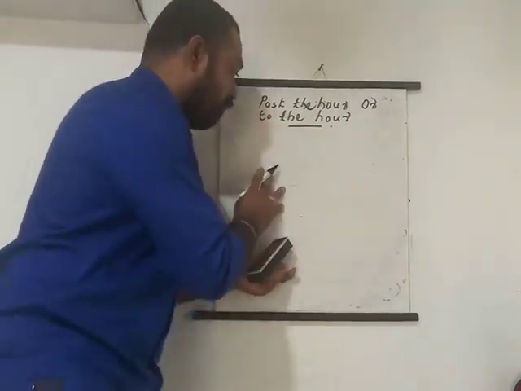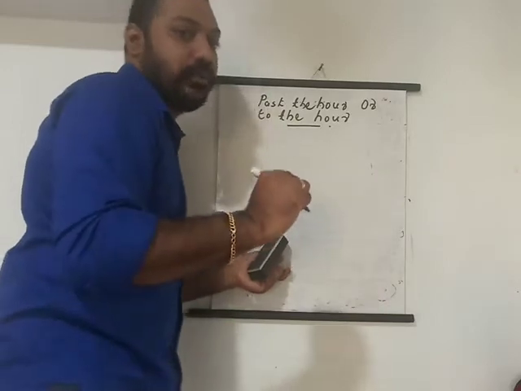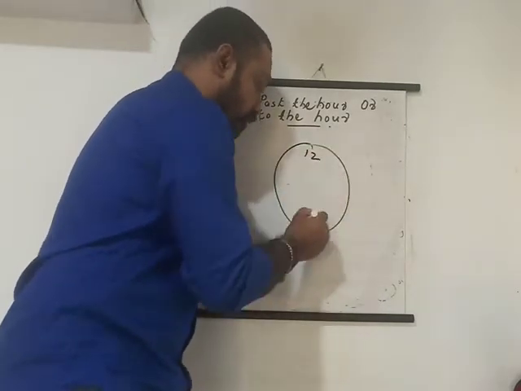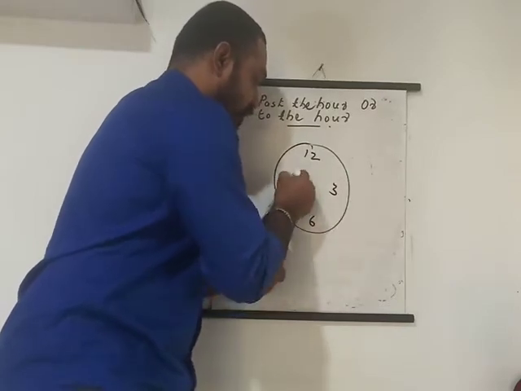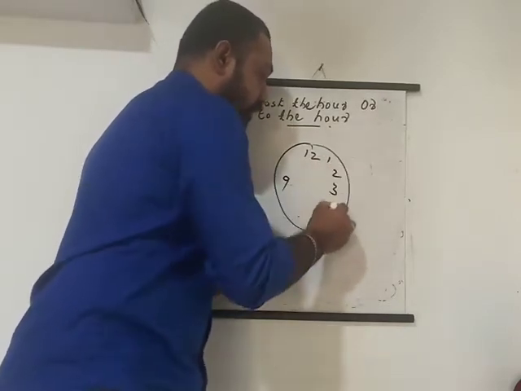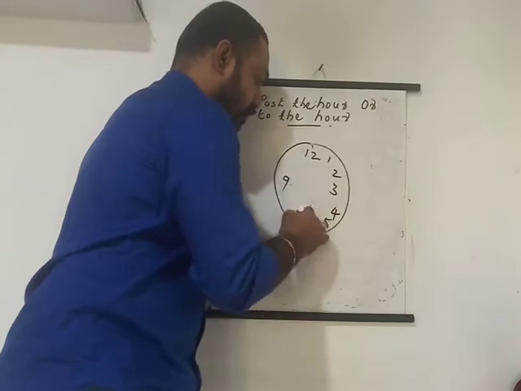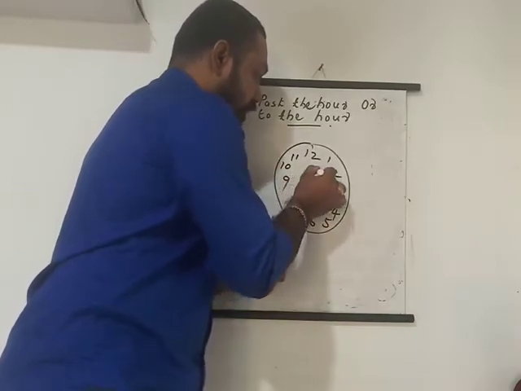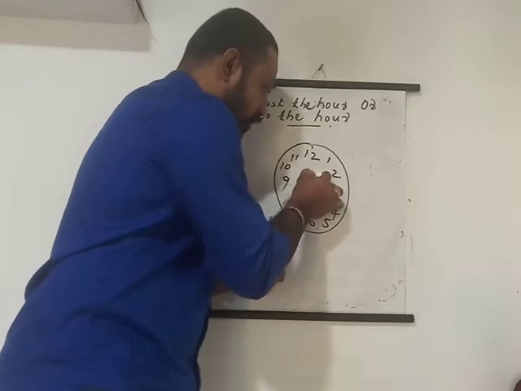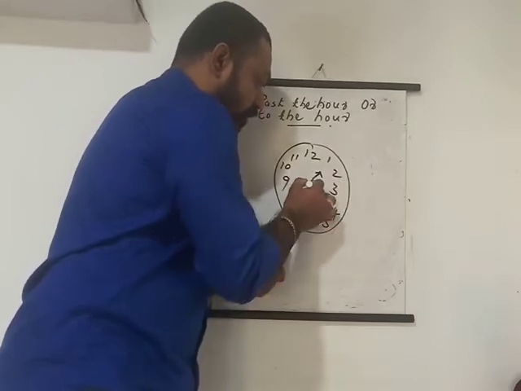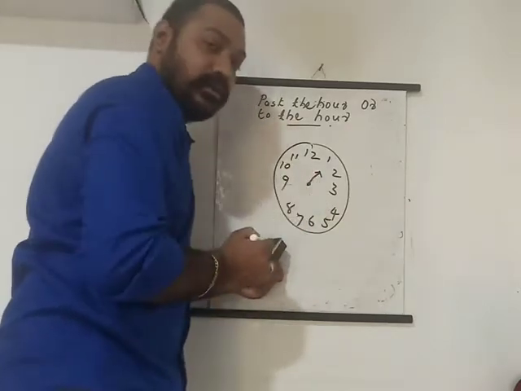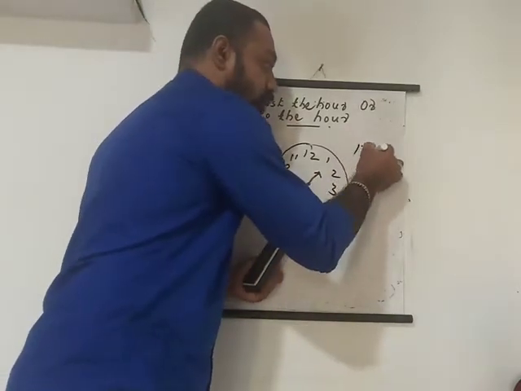So some basic things you have to know. You know the clock: 12, 6, 3, 9, okay, 1, 2, 3, 4, 5, 6, 7, 8. Imagine the hour hand is on 1. If our minute hand is on 12, we will read it as 1 o'clock, isn't it?